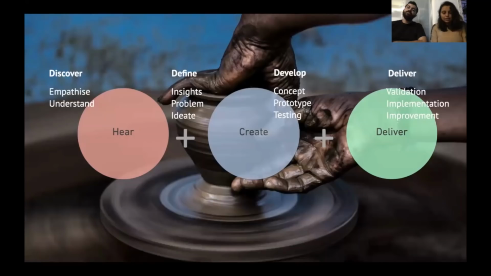Once you've empathized with them, and realized that, okay, we have 10 types of problems around them, you start putting them down into insights. You cluster them, you make them into patterns, and then you start putting down your insights, what you've learned by empathizing with these audiences, not as a person, but what you've learned in the process of designing a solution for the main problem or the topic that you started with.